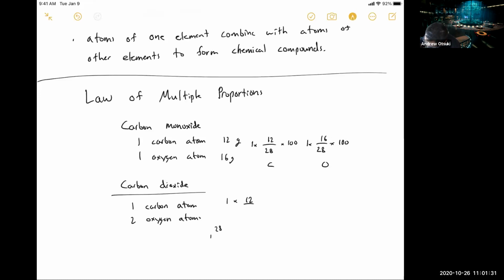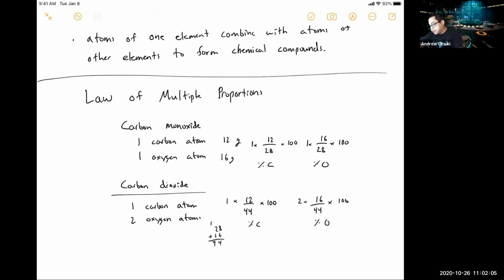So let's just say 28 plus 16 is 44 grams. So it'll be 12/44 times 100 if we were to determine the percent weight of carbon in carbon dioxide. And then we could say 2 times 16/44 times 100. And that will be our percent carbon or percent oxygen in both of these compounds respectively.